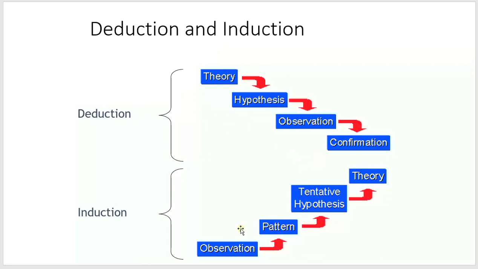But in the inductive approach, we start from observation itself. So we will observe n number of individuals. Then after analyzing those observations, we will try to see if there is any pattern in the observations, and based on the observed pattern we will develop a tentative hypothesis, and based on that hypothesis we will propose a theory.